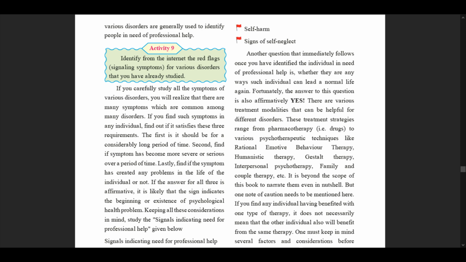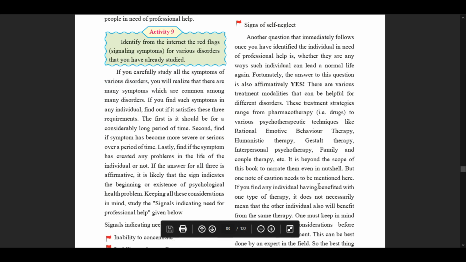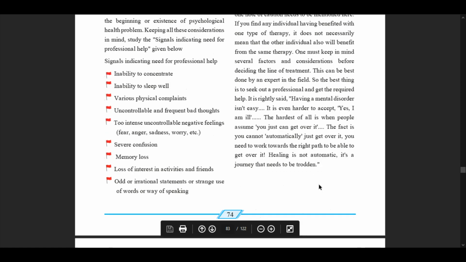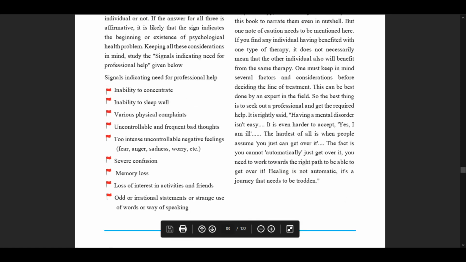Now we'll study the signals that are important, or the red flags, to be more informative about it.